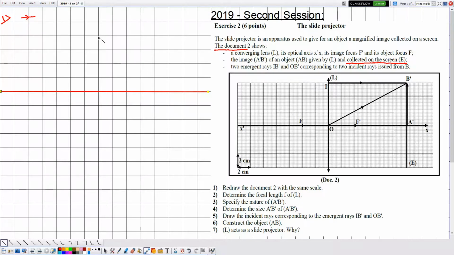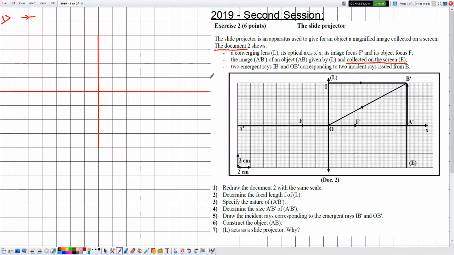Then we place the lens L perpendicular to the optical axis at the center. And we use the correct symbol of a converging lens. The intersection between the optical axis and the lens L is the optical center.